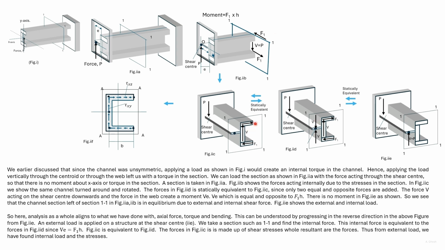As we have earlier seen, these forces can be represented by these shear stresses. So here we have moved in reverse and shown that the shear case aligns with the axial load, the torque, and the bending moment case.